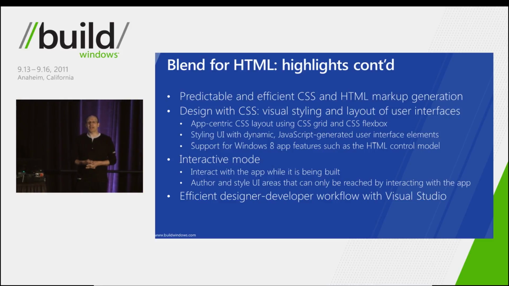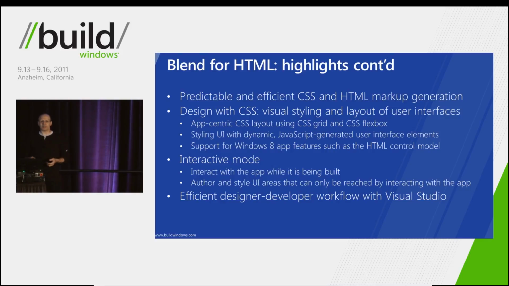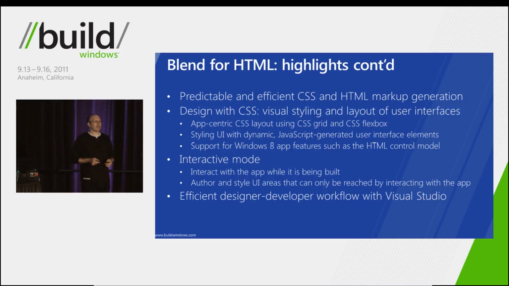For example, on the layout side, we have built very deep support for the new CSS3 layout mechanisms, that is the CSS Grid and the CSS Flexbox, that makes it really, really easy to create complex resizable layouts as they are typical in applications. We've also built Blend to effectively style both dynamically generated UI and static UI. And of course, there's lots of support for Windows 8 features, JavaScript controls, view states, orientations, and so on.